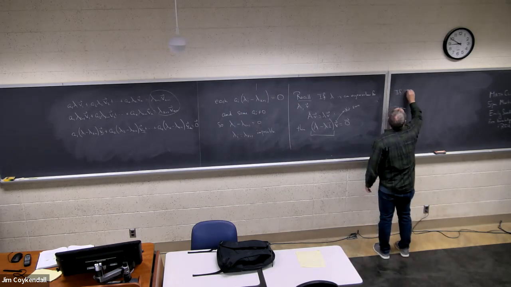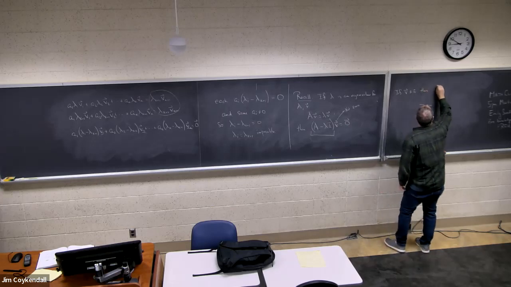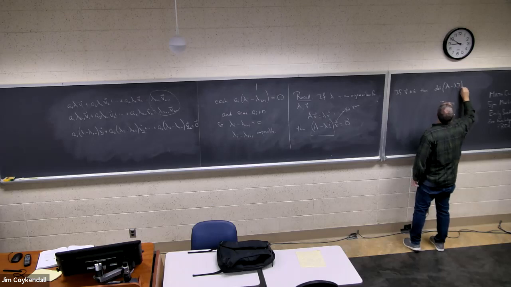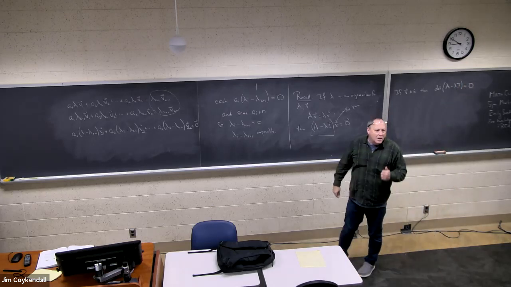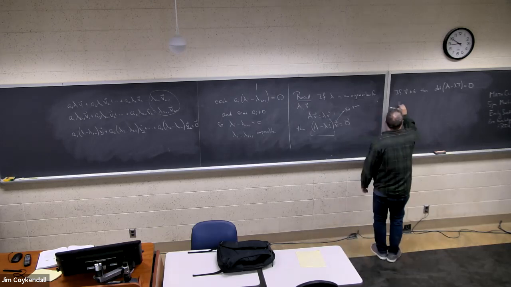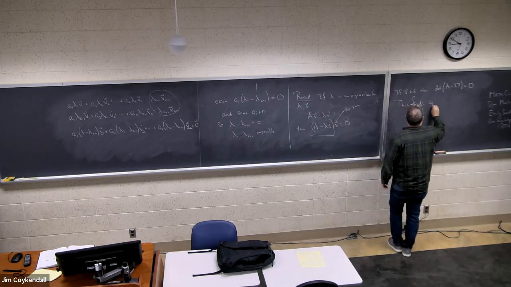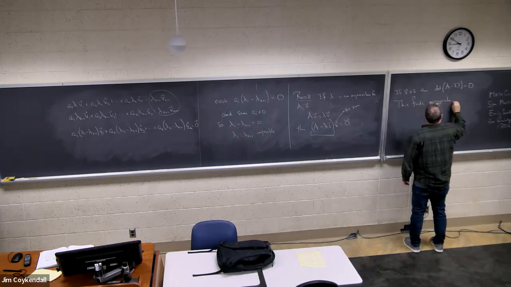If V is not 0, then we must conclude the determinant of A minus lambda I is equal to 0. You can use this to find appropriate values.